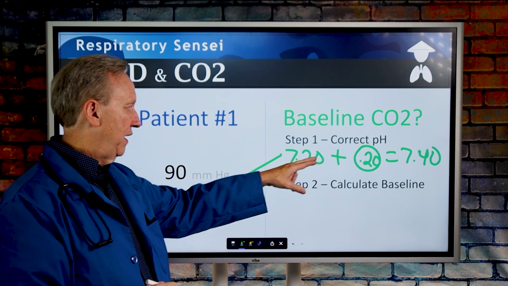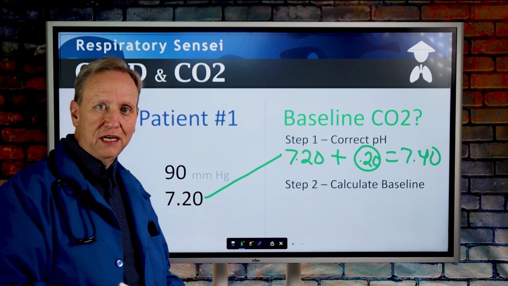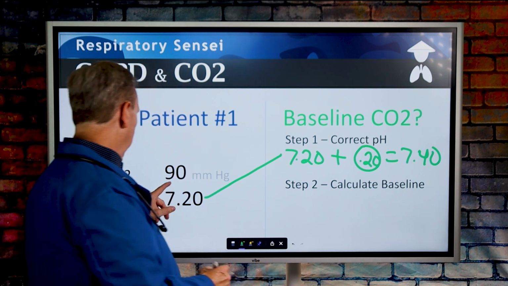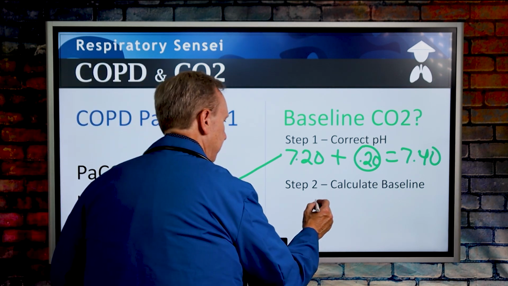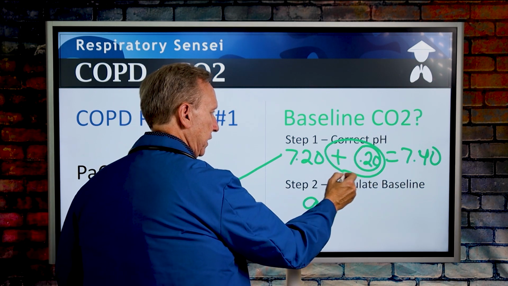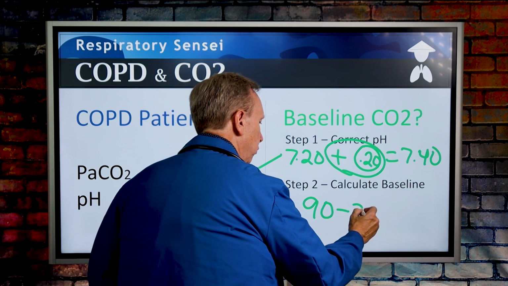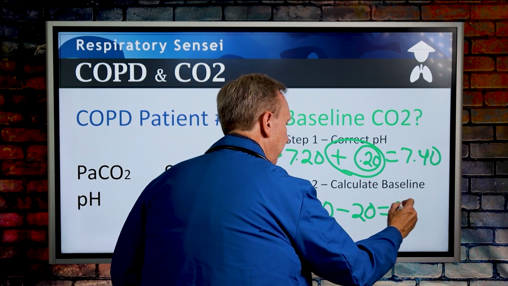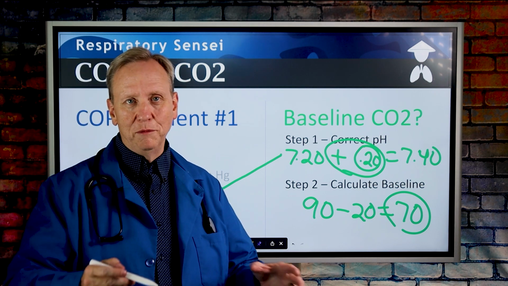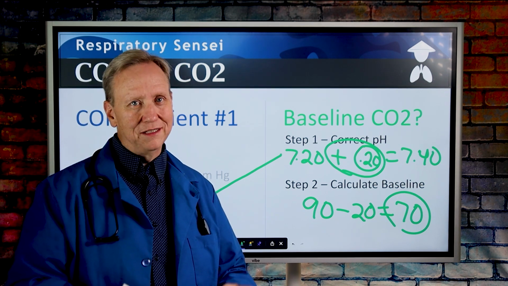Well, if I've added 0.20 to the pH to normalize it, then I have to do the opposite to the CO2. Right now their CO2 is 90, so I'm going to take away that 20, and I get 70. In other words, when this patient is normal, for them anyway, their normal CO2 is 70. And so we know where they live.